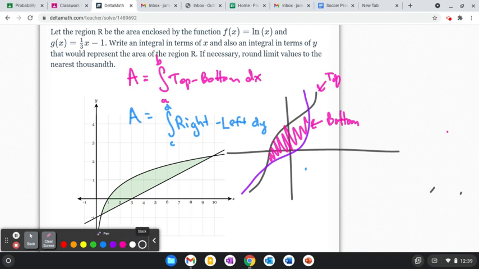So there's really two ways we could consider the area between two curves. One is looking at the top function minus the bottom function, integrating that from A to B. And the other way is to look at the right function minus the left function in terms of y, and integrating it from C to D. So that is what we're going to be asked to do. We're going to be asked to write two integrals like this, which work for finding the area of this function.